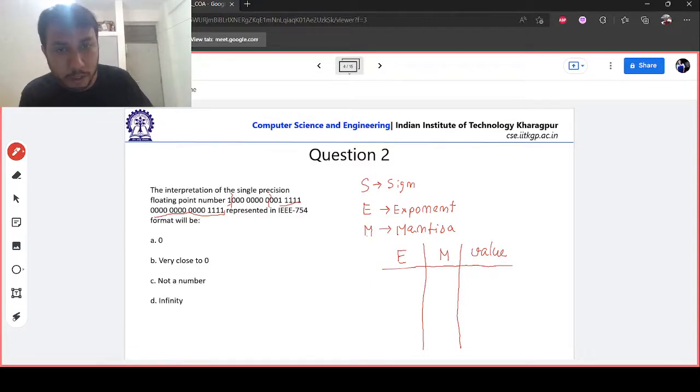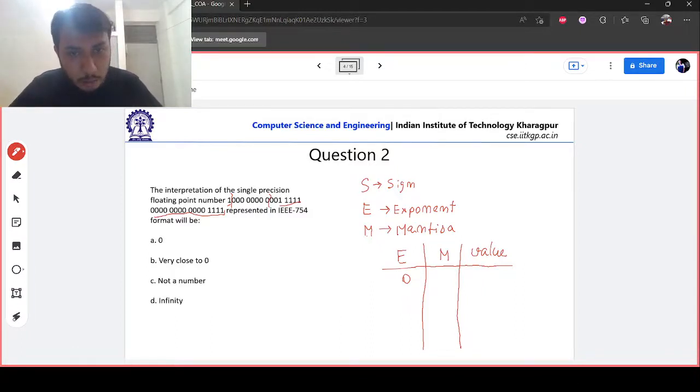Suppose the value of E is 0, that is, the exponent part is 0. This is the exponent part, and this is the mantissa part.